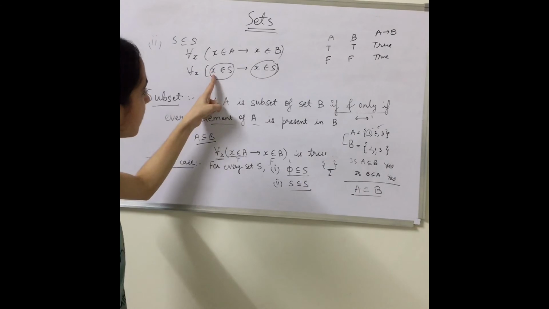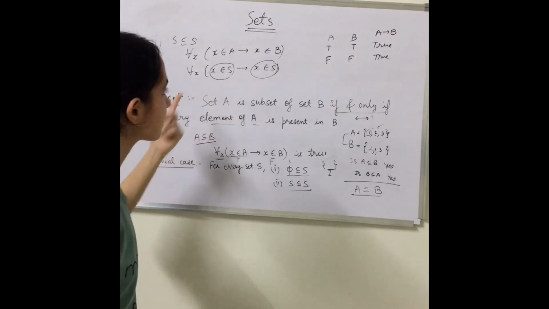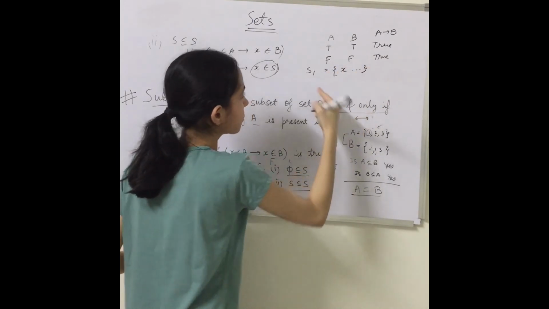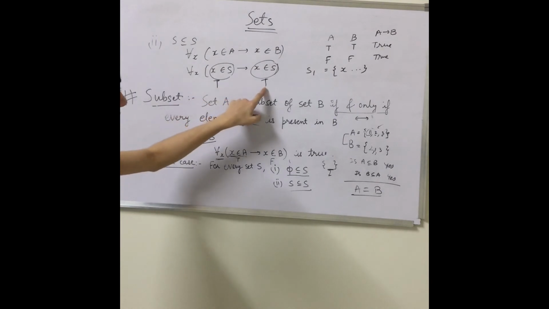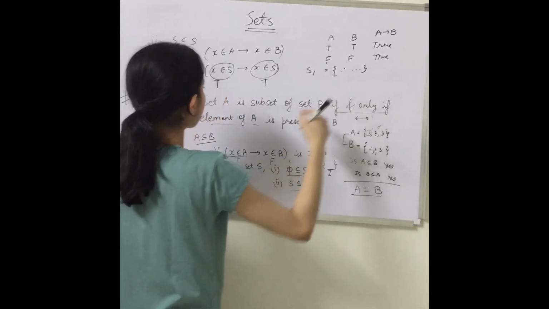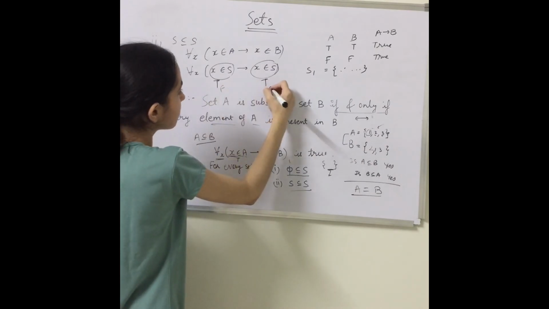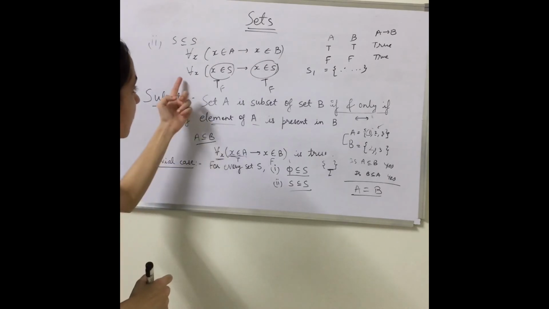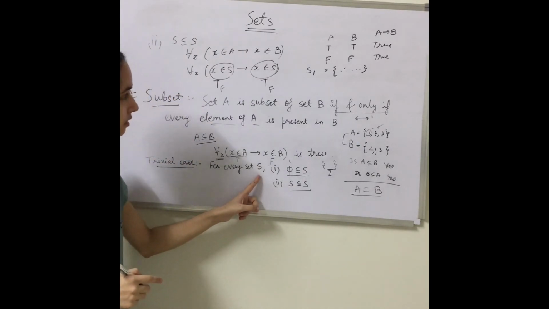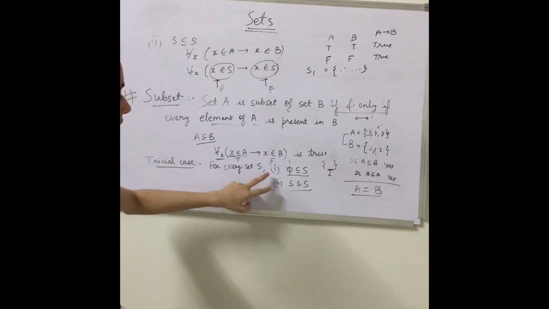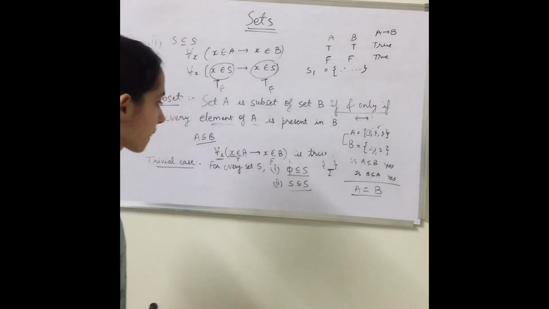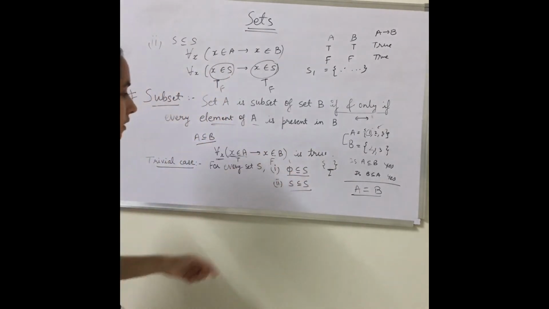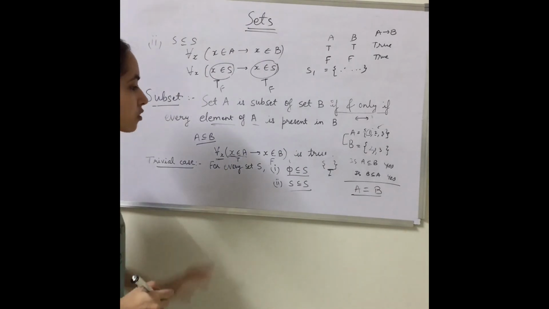It means if some element x belongs to our set, then this is definitely true. Same, if x is not present in this set, then definitely this is false. So the whole thing is true. So by this we can say that for every set S, these two are trivial conditions in subset. Phi is a subset of S is true, and S is a subset of S for every set. Any set you can take, this becomes true.